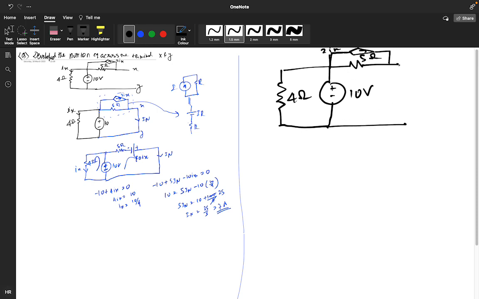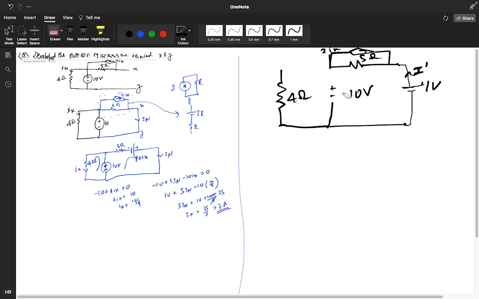From here you are seeing I have a dependent source here. So for this dependent source, I will assume one test voltage, that is 1 volt, and I am assuming this current as I dash, and we are finding the RTH.